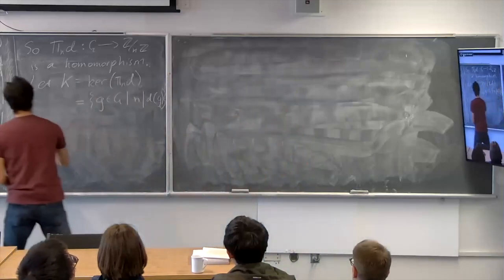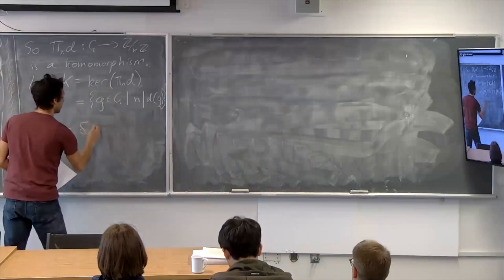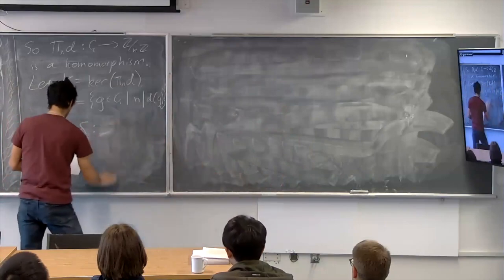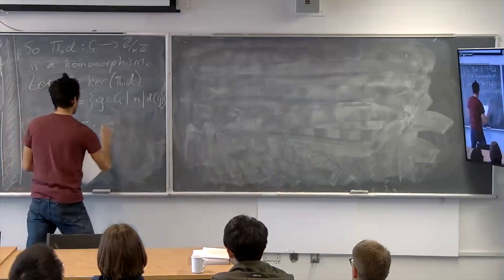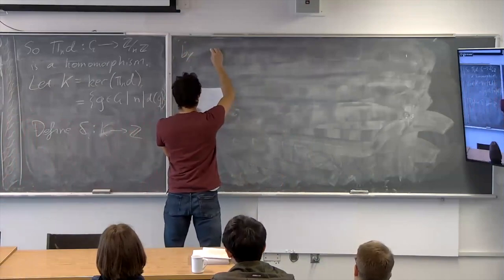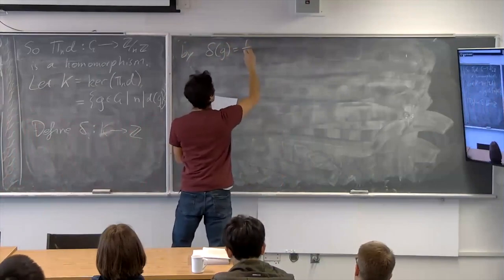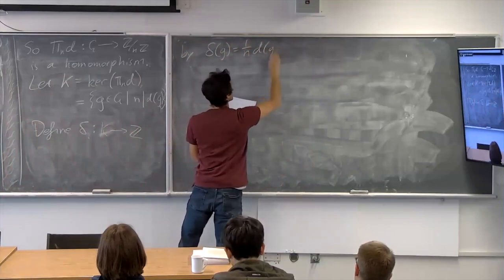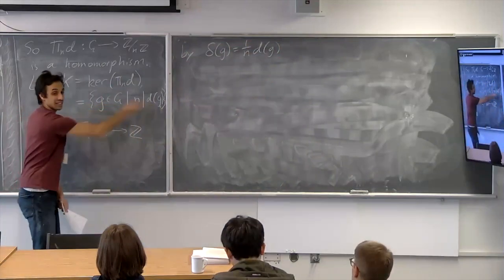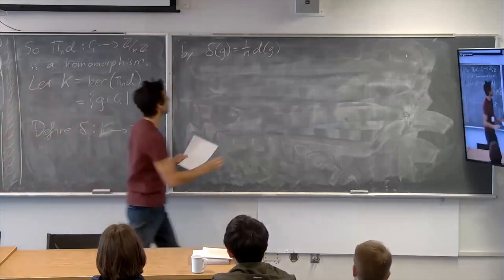All right, so let's define delta from K to Z by delta of g equal to 1 over n times D of g, which I can define on K because K is exactly the things where n divides D of g. This is going to do the job for us.